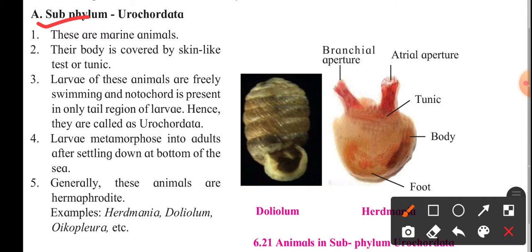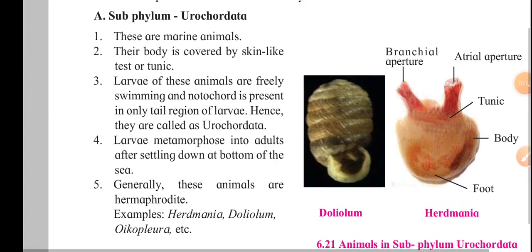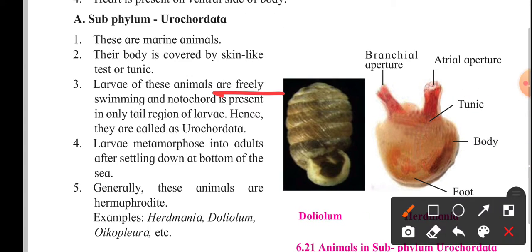Now let's go ahead towards the subphylums under the phylum Chordata. The first subphylum is Urochordata. They are marine animals, and the body is covered with a skin-like test or tunic. Larvae of these animals are freely swimming, and the notochord is present only in the tail region of the larva.